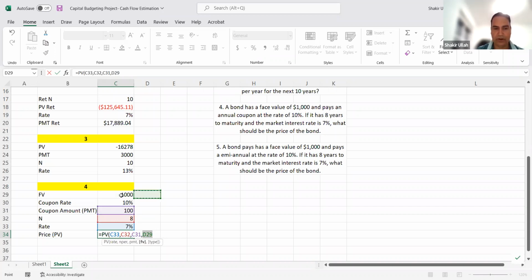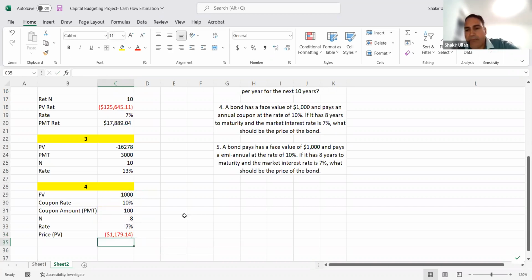And then we can ignore the type, or we can write a 0 for type, whatever is easier for you, and press enter. That means if you pay $1,179 for this bond today, it's a good investment at a 7% interest rate.